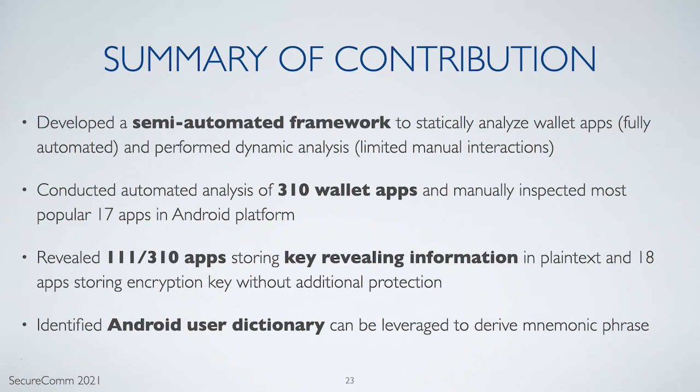We revealed 111 applications are storing key revealing information in plain text, and 18 applications are storing encryption keys without any additional protection. We identified that the Android user dictionary feature can be abused to derive the mnemonic phrase entered using a keyboard.